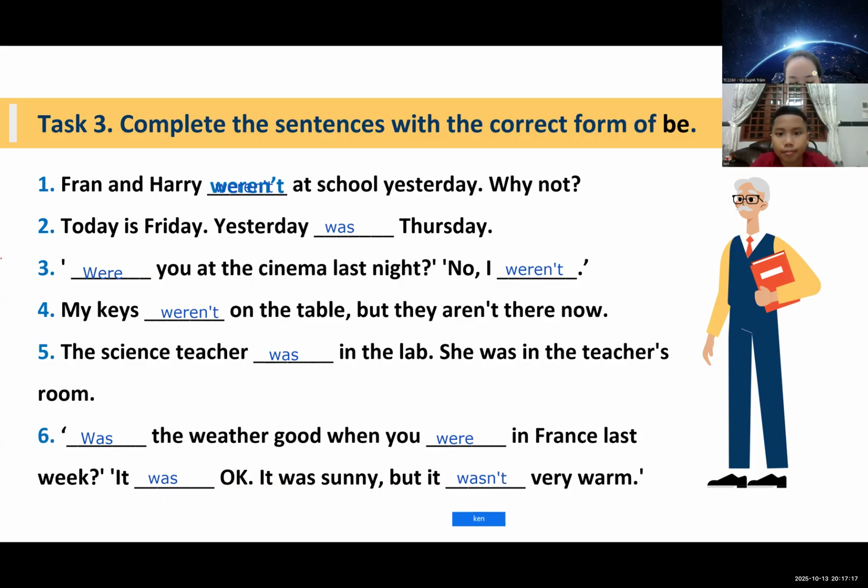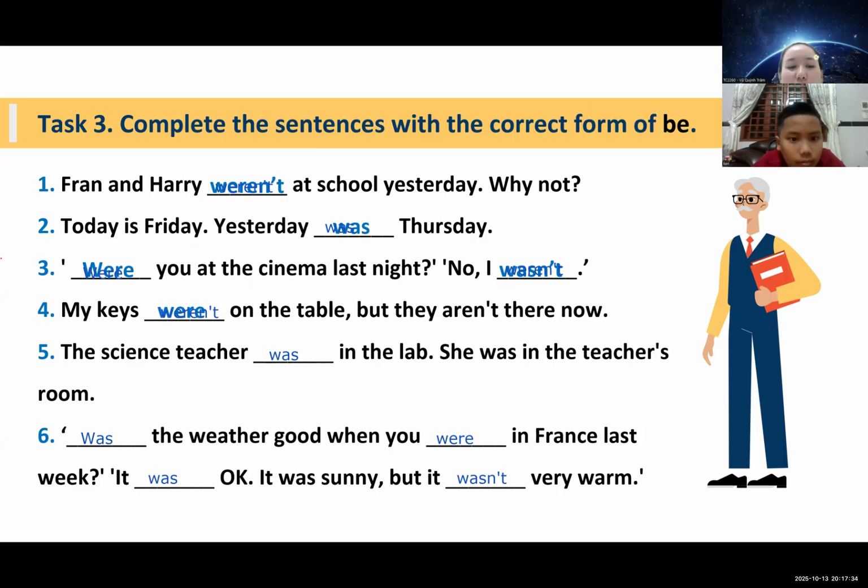Okay, now yesterday was Thursday. Were you at the cinema last night? No, I wasn't. Okay. I go with was. So with this, you say wasn't instead of weren't.